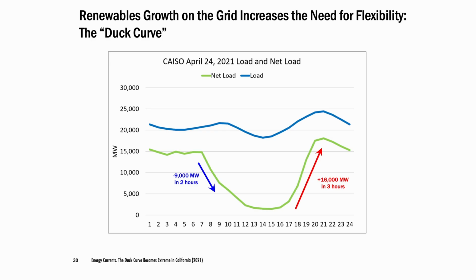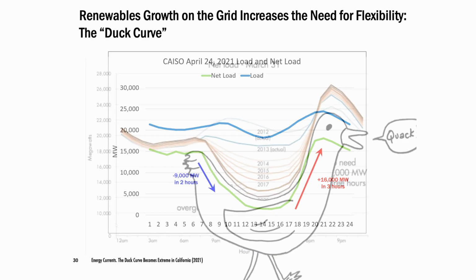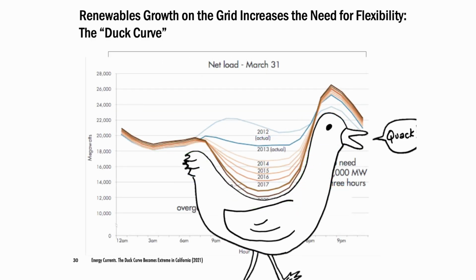So that huge ramping need, 16 gigawatts over the course of 3 hours, is a challenge that grid operators and utilities need to meet because of the increasing solar resource. So this is what's known as the duck curve, with the neck of the duck representing that ramping need.